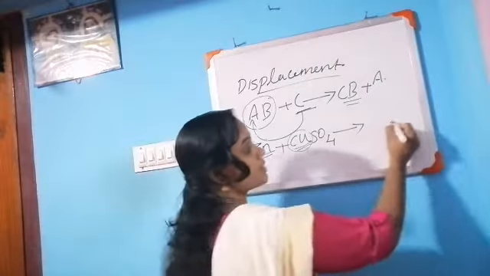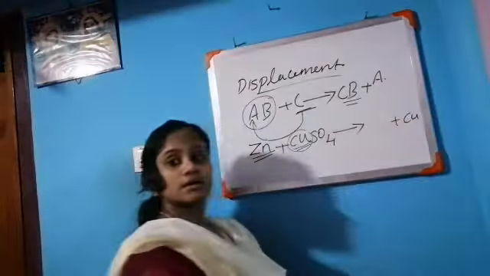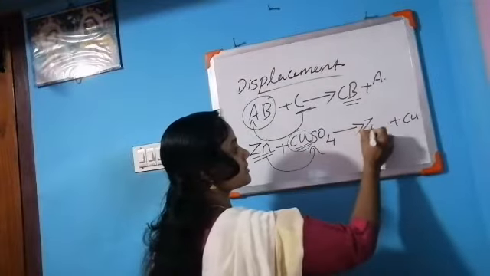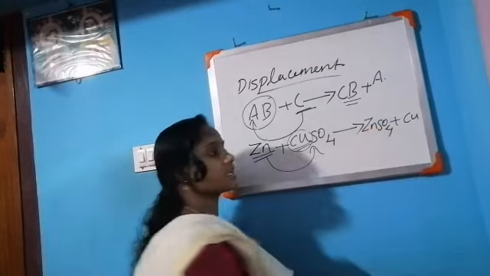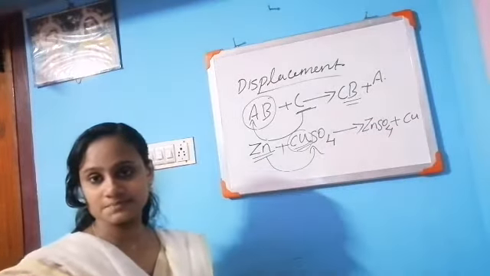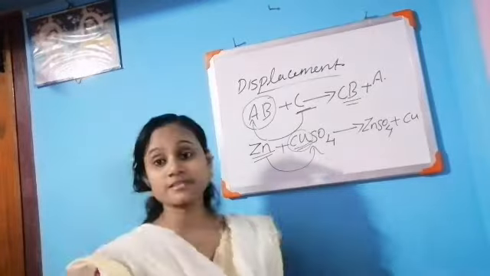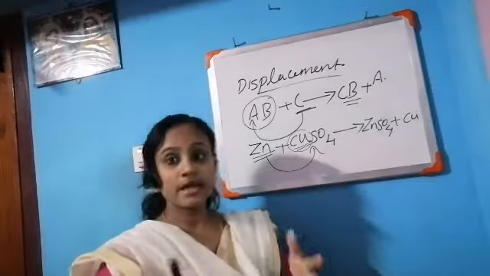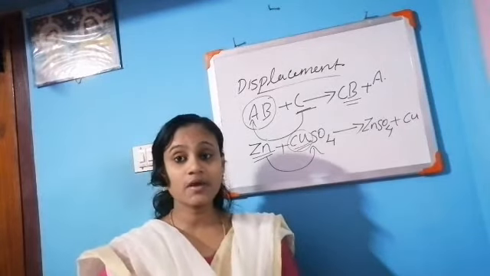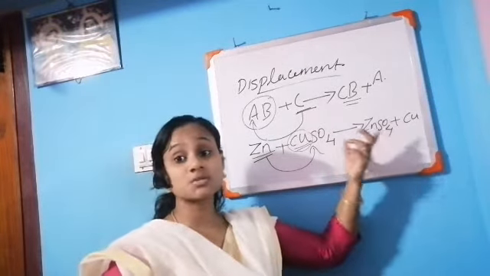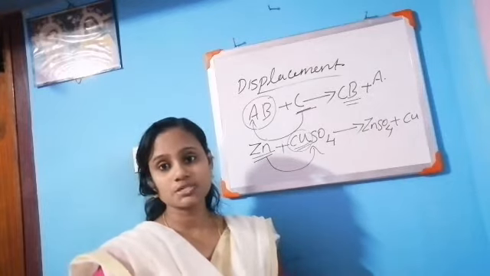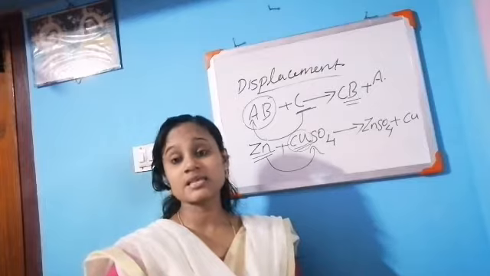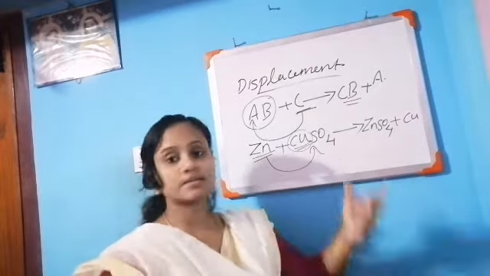So copper is formed, and zinc joins to form zinc sulfate, ZnSO4. Is it clear? Copper sulfate is a blue colored solution. If zinc is added to it, what do we observe? We observe a colorless solution is formed, and a reddish brown substance is deposited under that solution.